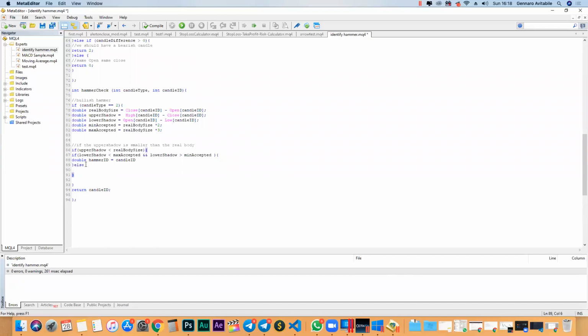And we're also going to do else if. And this time we're going to say that if the upper shadow is smaller than the real body. Okay, but this is not right because we don't need this. We need this because now we're going to say that if the candle, right, 1, 2, 3, and 4.